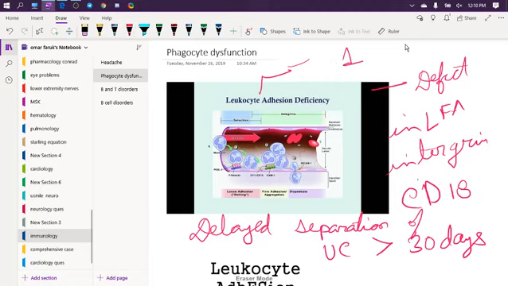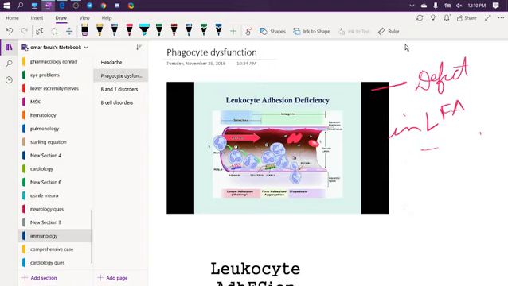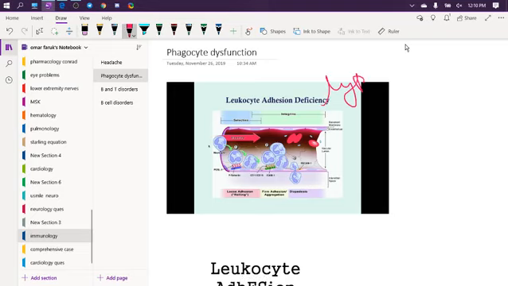Now there is another one called leukocyte adhesion deficiency type 2. In leukocyte adhesion deficiency type 2, the main problem is impaired margination and rolling.